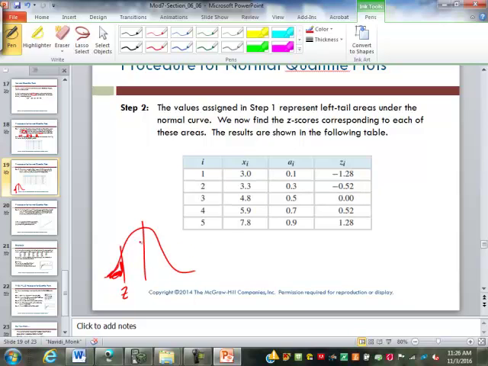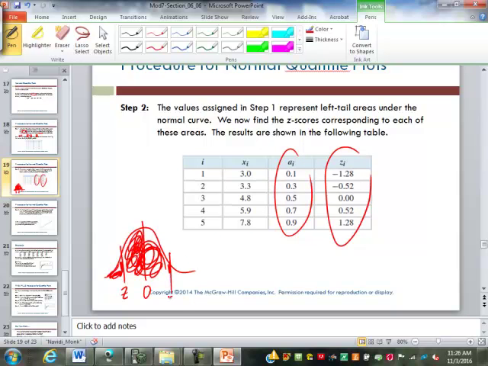Then 0 for the 0.5. 0.5, half, would be at the middle of the curve. That's going to be at 0, or the mean. Remember, the mean of the standard normal is 0. And then the same going up. So we get all of those z-scores that correspond to these probabilities. So 0.9 would be up here, where the area is 0.9, finding that z-score.